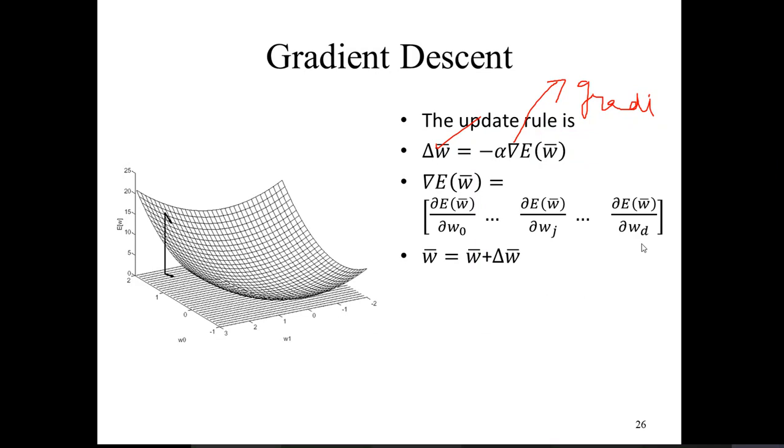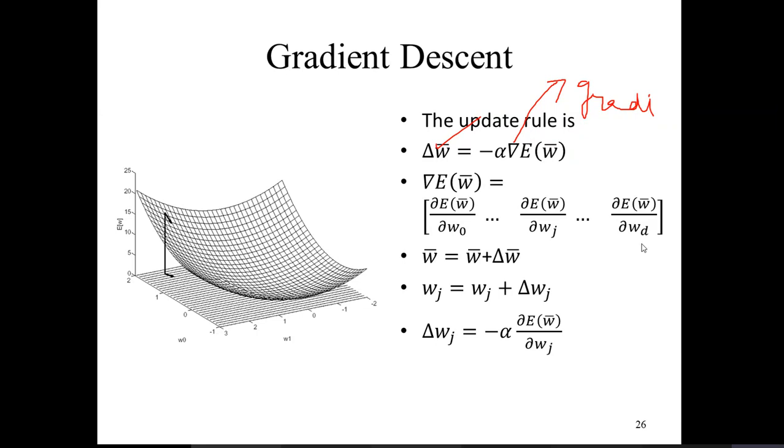And then we get the final weight as the original weight plus the change you have calculated as minus alpha into gradient. If you express it for individual weights, it will be Wj plus delta Wj, and delta Wj is nothing but alpha into dou E by dou Wj.